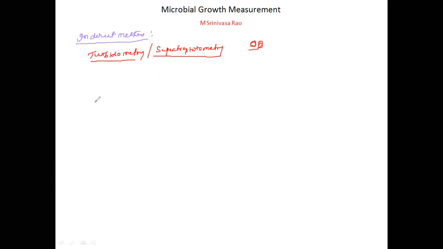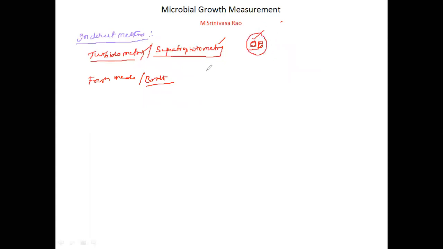After inoculating microbial cells in a fresh media or fresh broth, hourly we will take the turbidometric measurements, meaning colorimetric or spectrophotometric values. The increase in growth results in the increase in optical density.